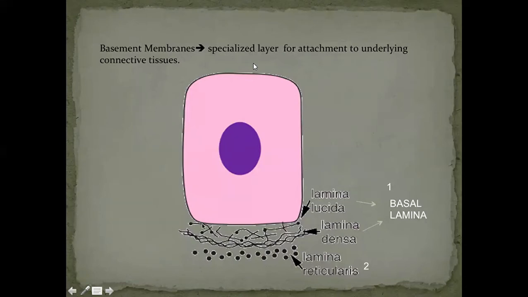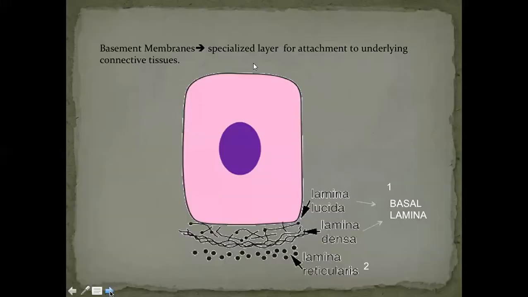Under an ordinary microscope, it looks like one line only, just like this one. That is all we can see under an ordinary microscope. But if you use an electron microscope, it's not a simple lining. You can see these two important layers.